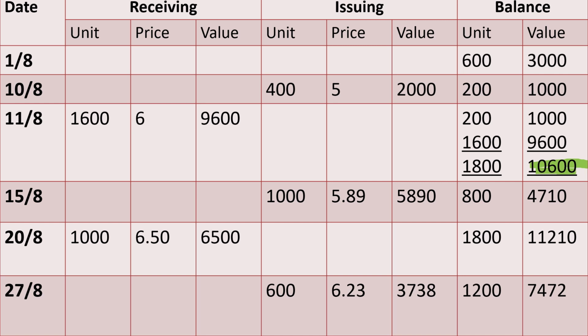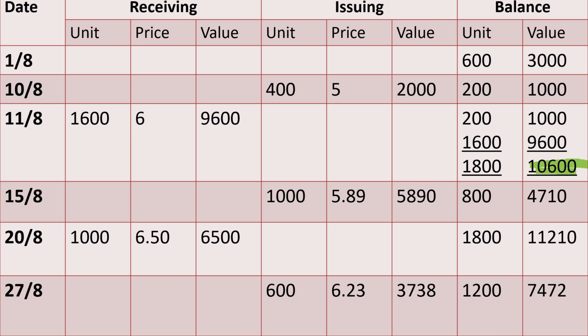Now what I have done is I have recorded on 15th August the issuing or the sales part. So here we are going to issue it with the weighted average price. To get the weighted average price, we have to take the value 10,600 and we have to divide it with the total units, that is 1,800.